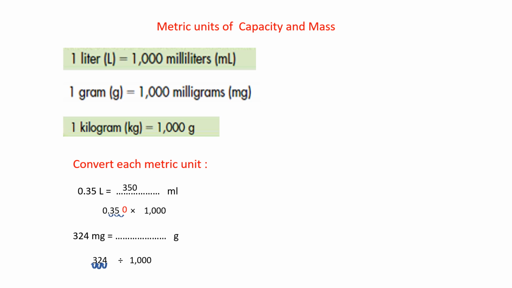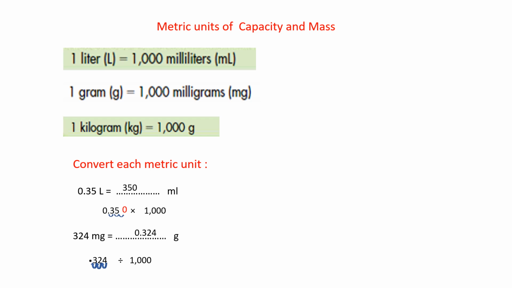So the answer will be .324, but if you put the number like that only, it doesn't make sense. So you have to put 0 on the left, which will be 0.324. So what is the answer here? 0.324.